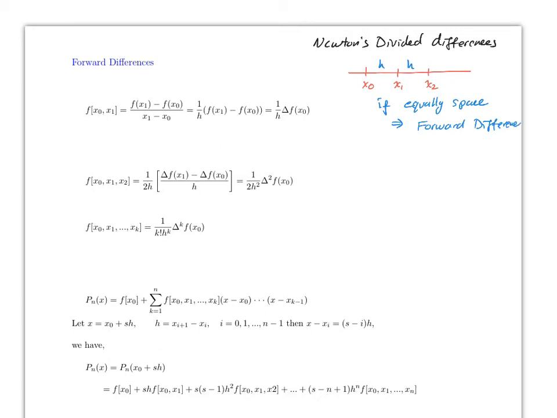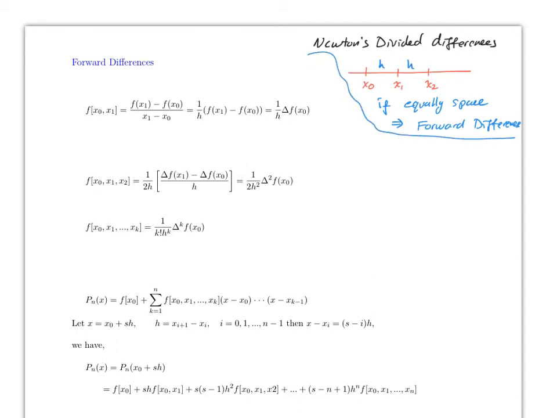We also have backward difference, which we'll get to in a little bit. And if it is called a forward difference, then we're just going to rewrite this formula in a more compact way. And compact doesn't necessarily mean that it will look nicer, it's just more compact, okay? Using this new notation.